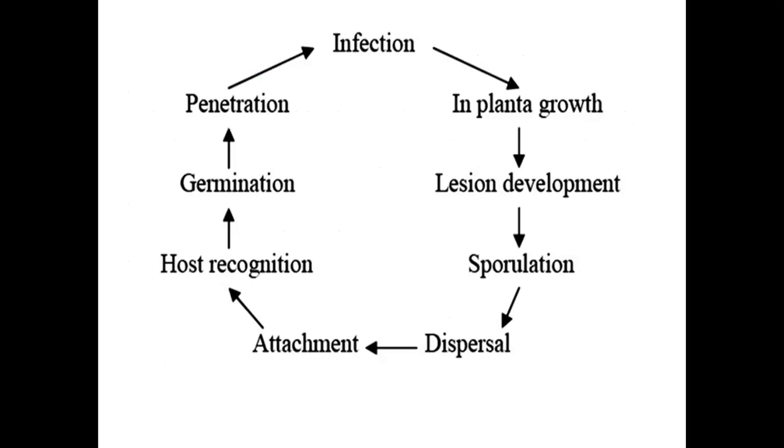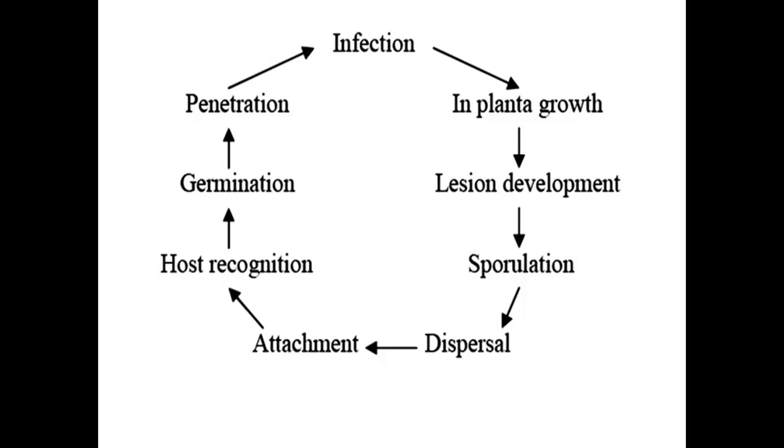If we give a diagrammatic presentation of a complete pathogenesis or disease cycle, we can start with the dispersal, then attachment to the host, then the acceptance or recognition of the host, then the germination or penetration by the pathogen, then causing infection, and after infection, the growth inside the host tissues.